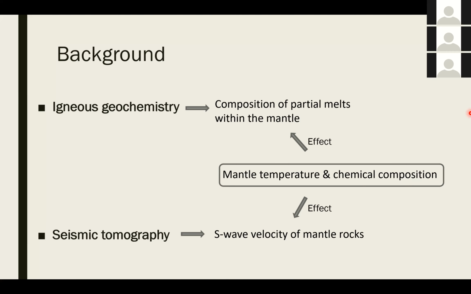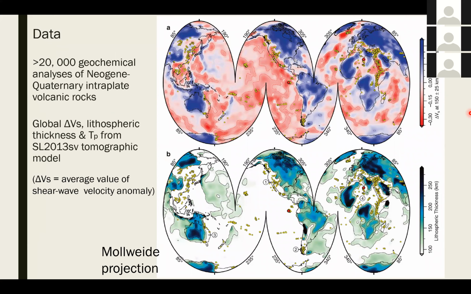And the data they got includes 2 parts. First is more than 20,000 geochemical analyses of Neogene to Quaternary intraplate volcanic rocks, which is the geochemical data.